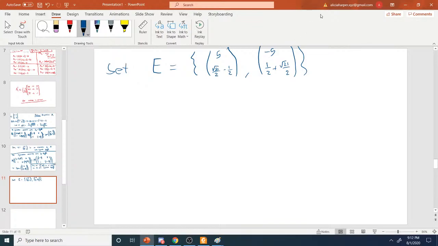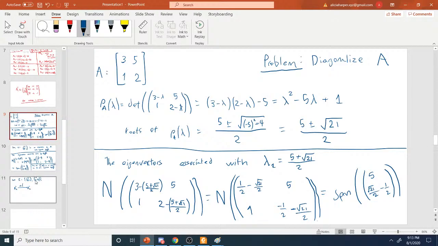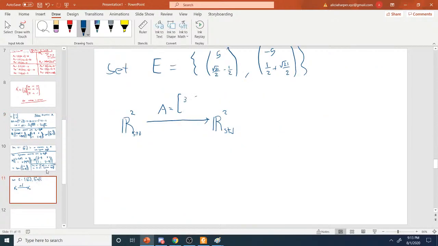And we can write down the following diagram. So we have R2 with the standard basis. And we have a linear transformation given by the matrix A equal to 3, 5, 1, 2. And then we have our new basis E, which is made of the eigenvectors. So we can look at coordinate vectors with respect to E.